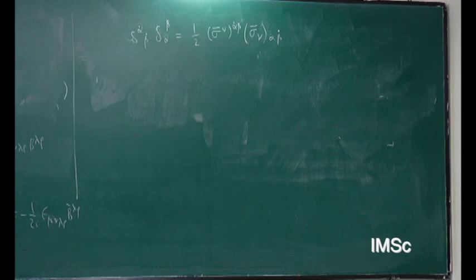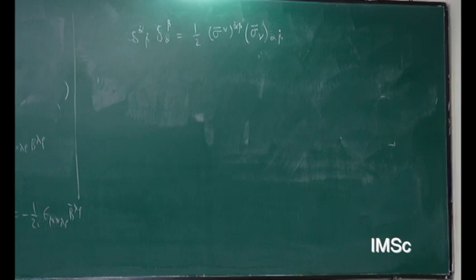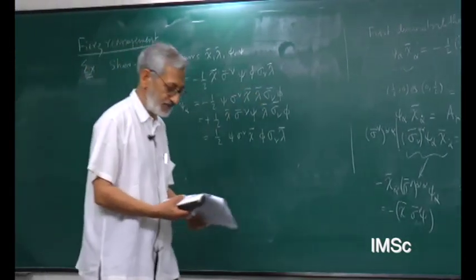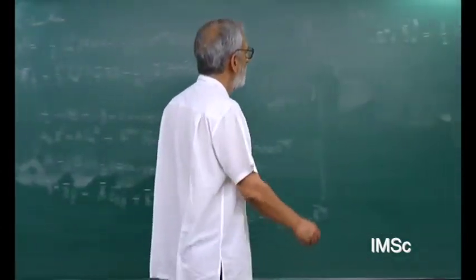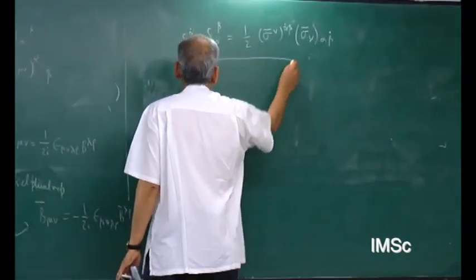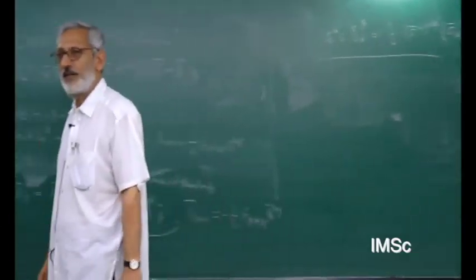It's this identity with fermion fields removed. So anyway, that completes our discussion on Fierz rearrangements. Play with them for a while and you'll get used to it.